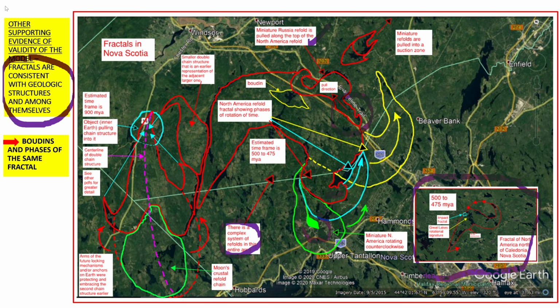It's moving forward, so this application of the brakes in the front is going on where it's curling up. Where it's rubbing onto the back, it is stretching and pulling, and you get a boudin in that zone. Interesting stuff. Eventually this thing loses, and it goes off in the direction of the attraction. So miniature refolds are pulled into a suction zone. That's what's going on here with this arrow.